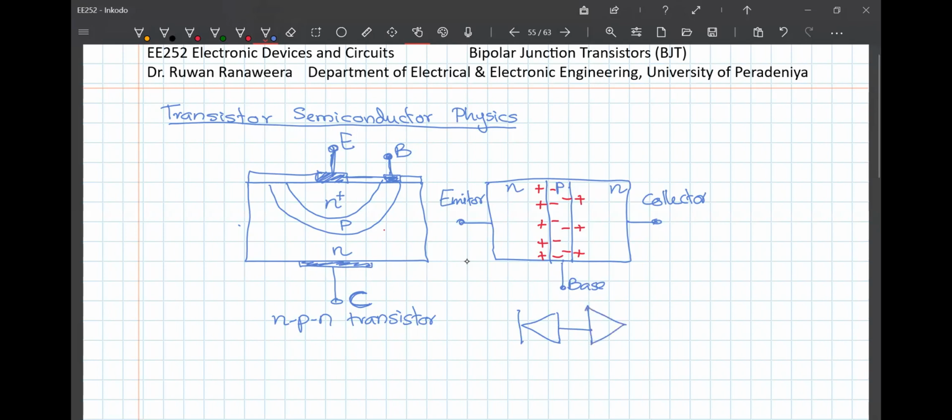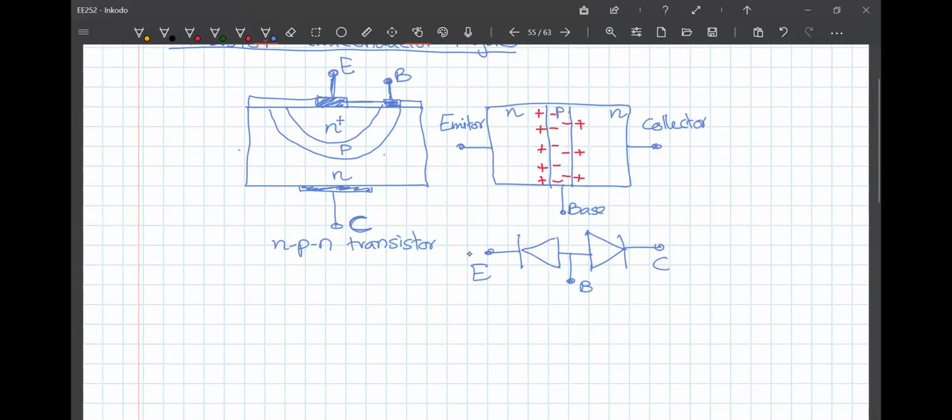Base, emitter, collector. However, this simplified back-to-back diode model does not capture the fact that emitter and collector are not similarly doped. So that information is missing from this rudimentary model. Any difference that arises from this asymmetry cannot be captured by this simple model.